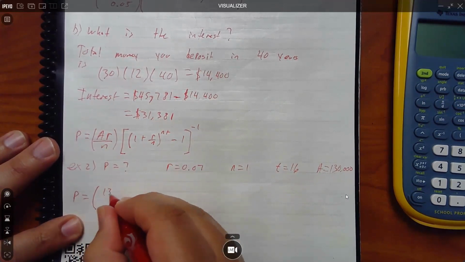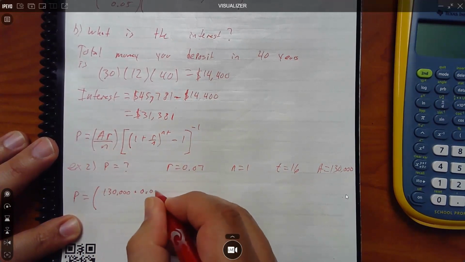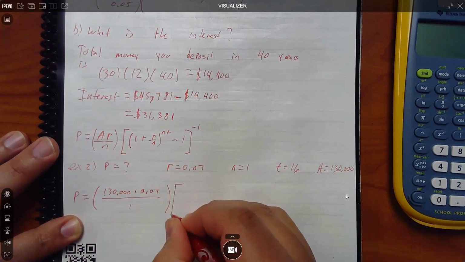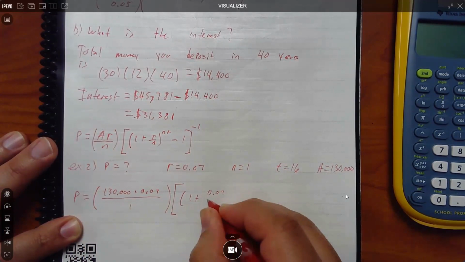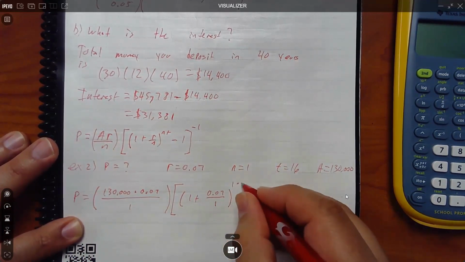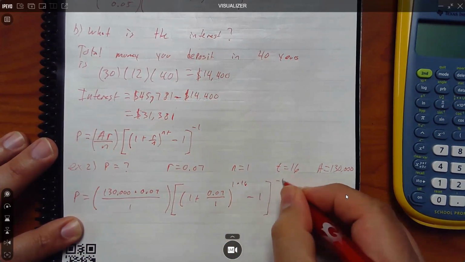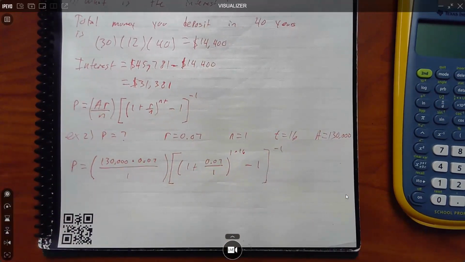So 130,000 times 0.07 over 1 times 1 plus 0.07 over 1 to the 1 times 16 minus 1 to the negative 1. So punching this into your calculator should give us how much you need to put away every month to hit that goal.